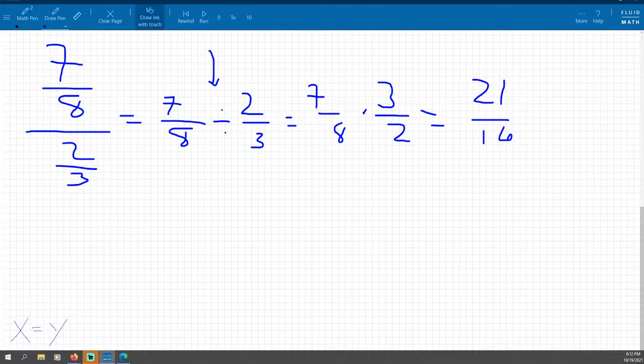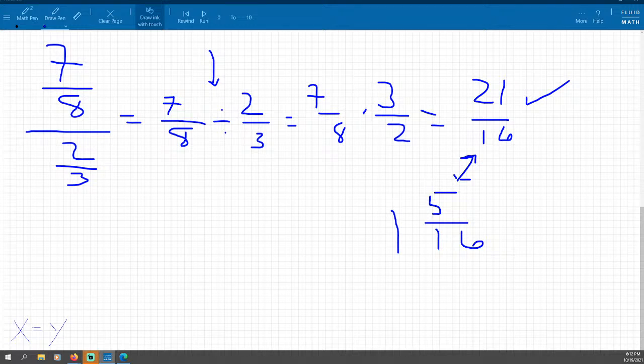And then what can we do with 21 over 16? We can say, hey, 16 goes into 21 one time. That's our full integer. We have 5 left over. That becomes our new numerator. And we end up with 1 5/16. Either one is correct.